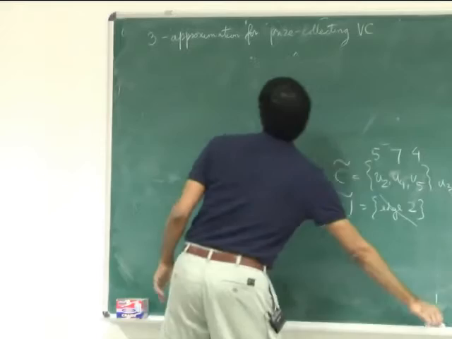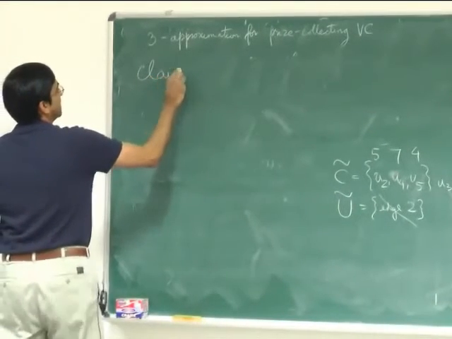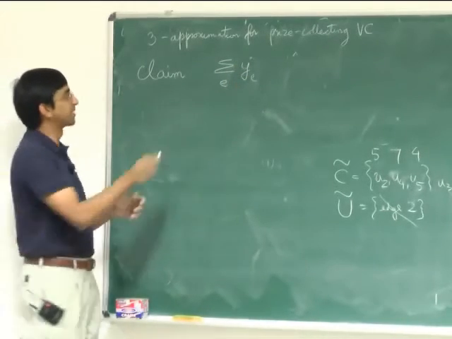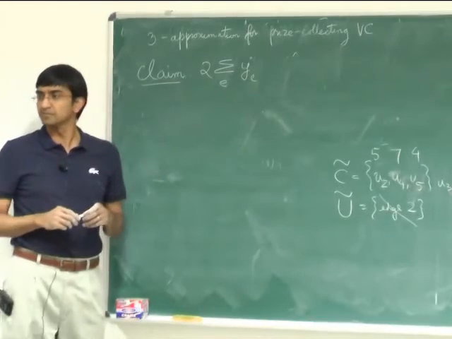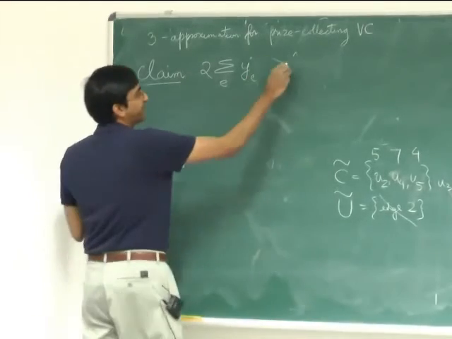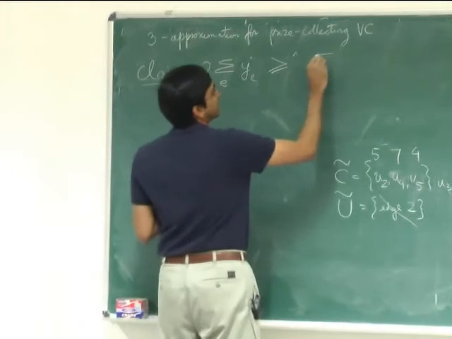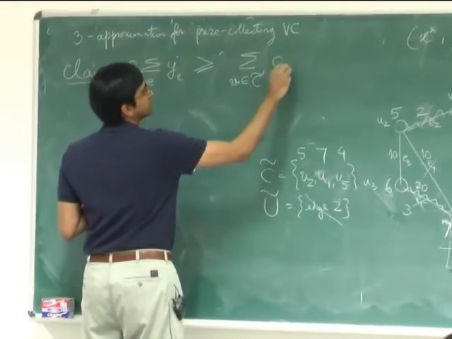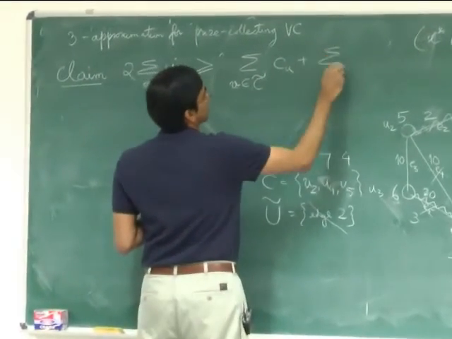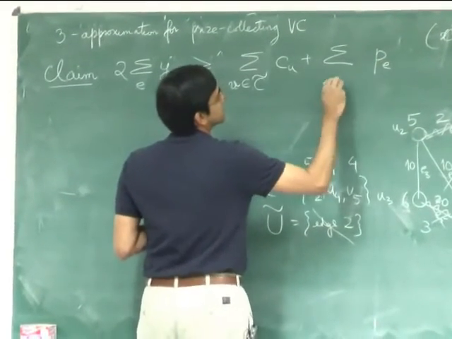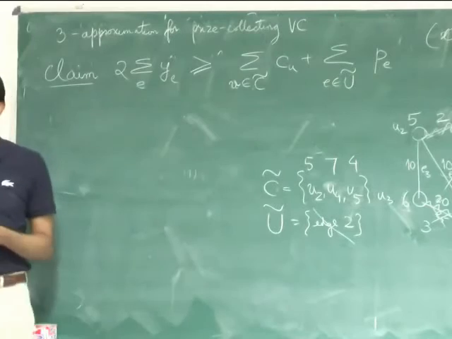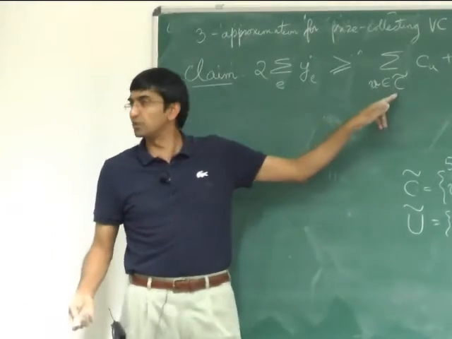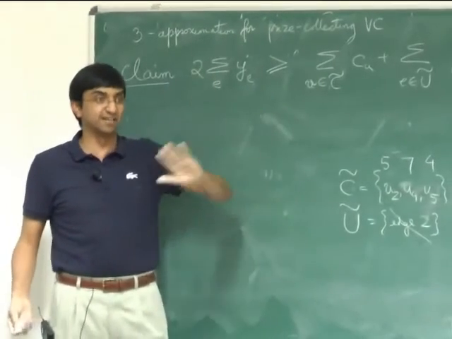So, claim: the sum over edges of YE that I collect, multiplied by 2, will pay for the cost of the vertices in the cover and the cost of the penalties in the uncovered elements. The solution I made by this Primal-Dual algorithm is this tilde solution. I'm now trying to prove this in complete generality.